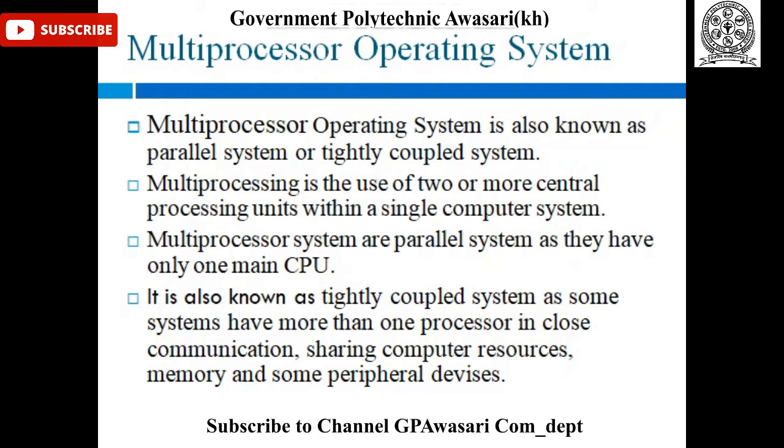And this operating system is also known as tightly coupled system, as some systems have more than one processor in close communication, sharing computer resources, memory, and some peripheral devices. It means when more than one processor communicate together, then they share some computer resources, memory, and some peripheral devices.